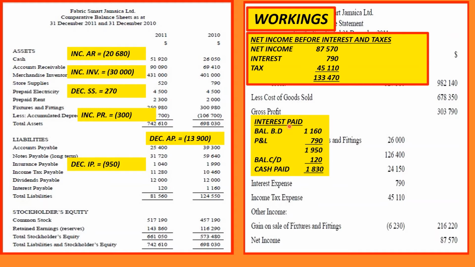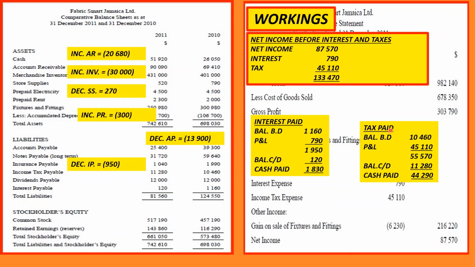We take the interest balance at the beginning of the year, and that is interest payable 1160, and we add on the amount from the profit and loss account here, 790 with the 1950, and the balance carried down is 120. Minus that, we get the amount paid, which is equal to 1830. Now you can use the same formula to calculate the amount of cash that was paid for any item.